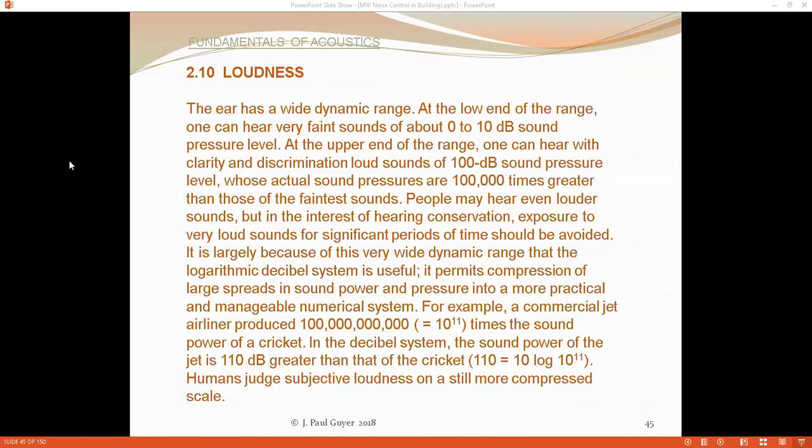And there is an ASTM standard that tells you if you are measuring this kind of sound, like freeway traffic, you should sample the sound level meter at such and such interval.